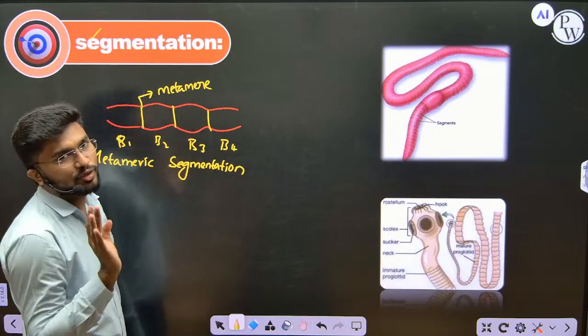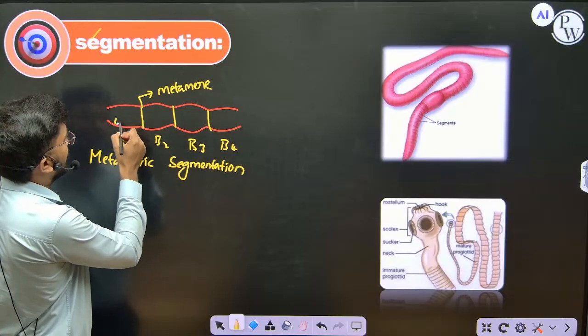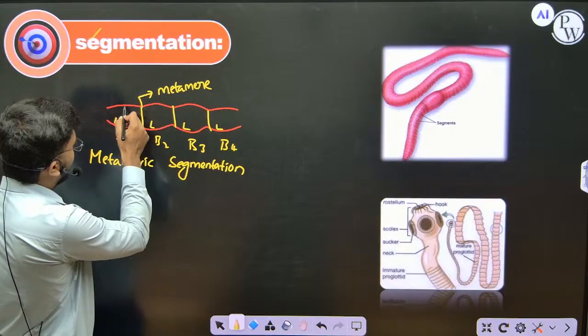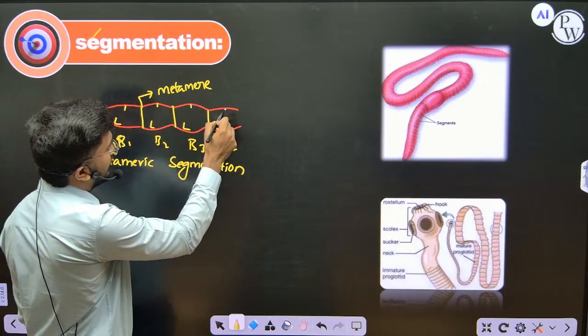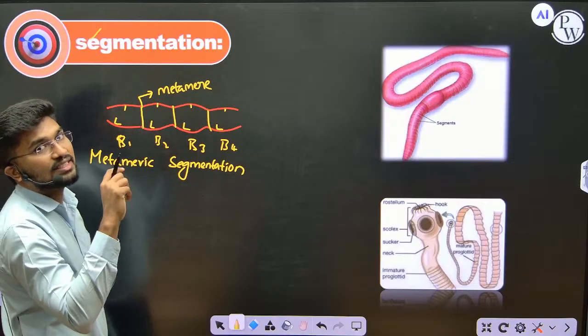In every coach, what is common? Here a bed will be there, here also a bed, and a fan here, and here also a fan. That is the meaning of at least repetition.